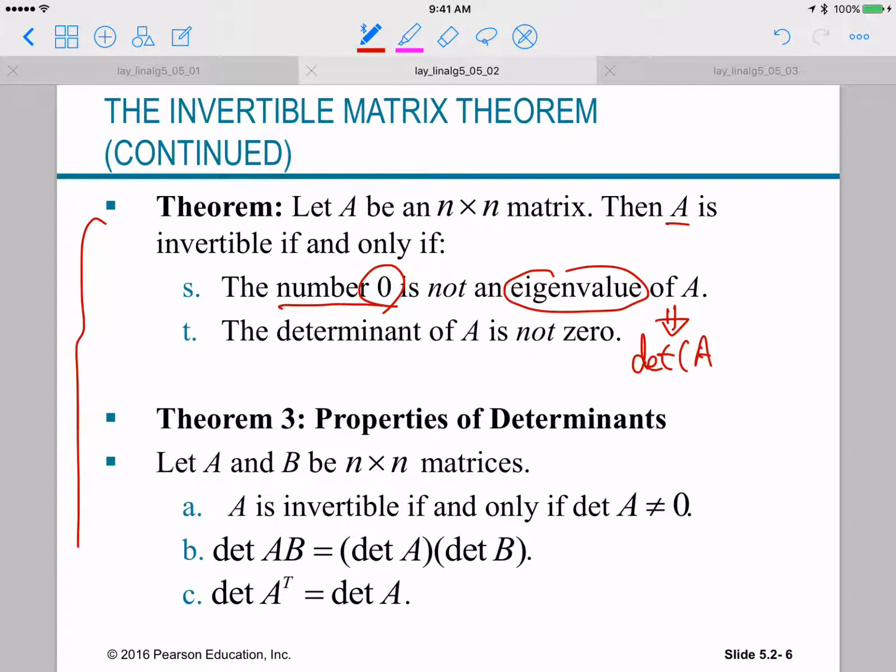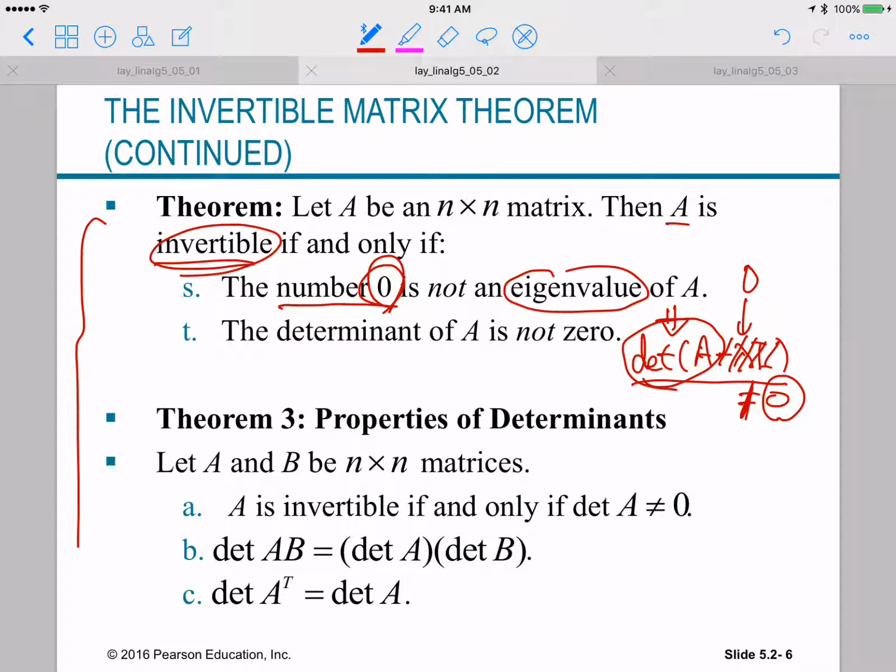We consider det(A minus lambda I), which should be 0 for an eigenvalue lambda. If 0 is not an eigenvalue, then plugging lambda as 0, this will not become 0, or this part is removed after plugging in 0, which means the determinant of A will not be 0, and that is the same as the invertible matrix case.